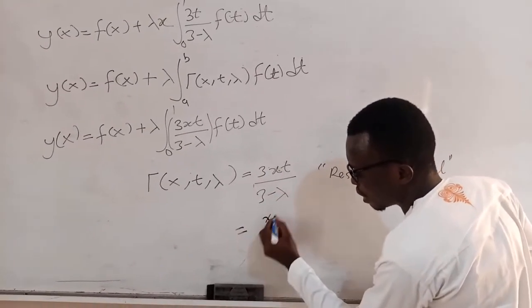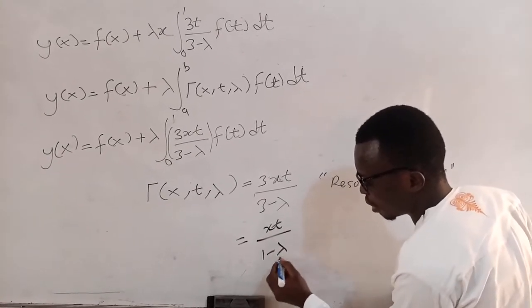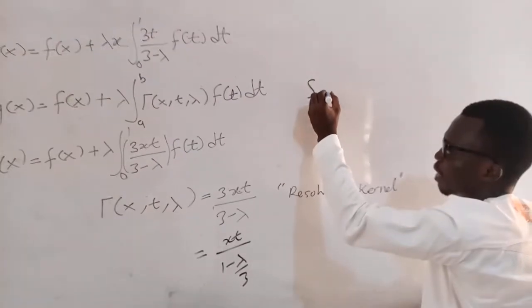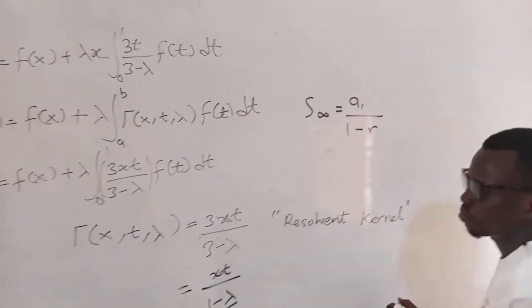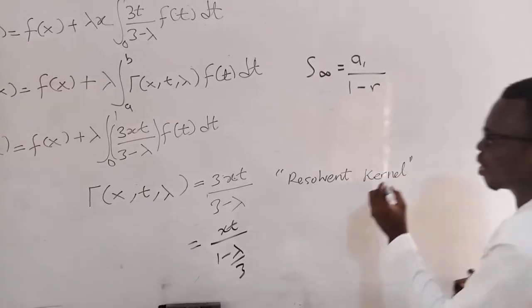We're going to have st divided by 3 over 1 minus lambda over 3. Since it's a GP, you know that the sum to infinity is the same as a1 divided by 1 minus what? R.